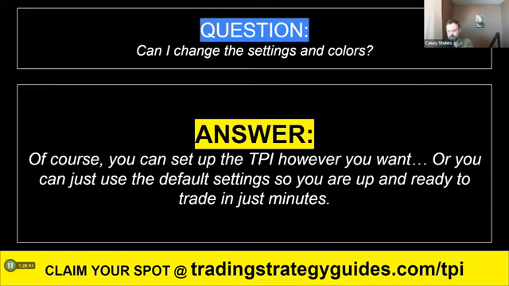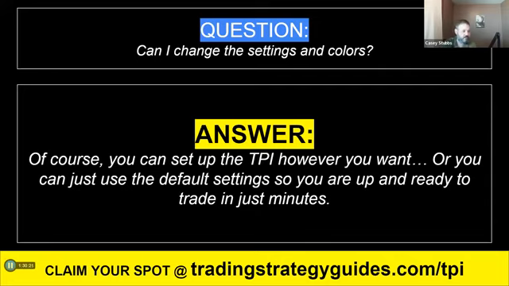Again, we've made this simple and ready to go so that it doesn't take a lot of trying to figure something out. If you ever tried to get something new and you're reading the owner's manual and it's just so complicated that you don't actually use it, one of the problems I've run into many times is when I get into a new trading system, it's just so complicated, right?